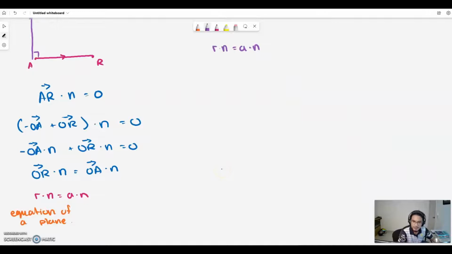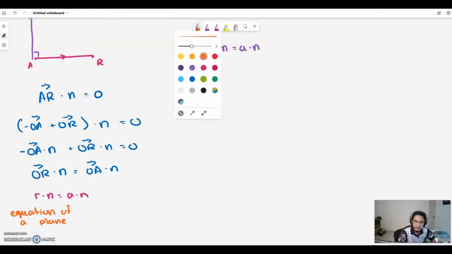Now since we have the equation of the plane, in the equation we have the component of R, the component of n, and also the component of A. Since R is unknown, we keep it as R, and now we want to substitute n and A with the vector components of i, j, k.